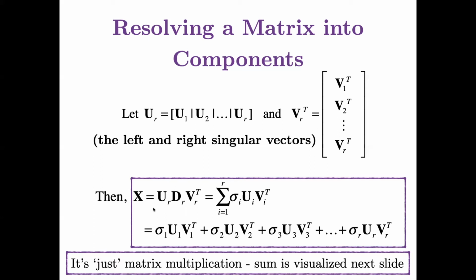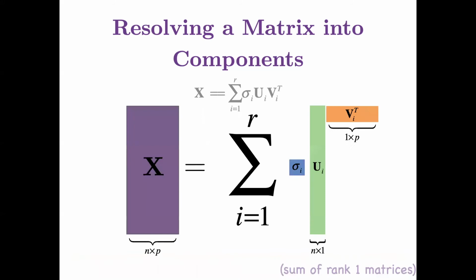Then this matrix multiplication amounts to this sum. It's a sum of outer products of columns of U times rows of V. And I will visualize that here. So X is equal to the sum of each singular value times a column times a row.